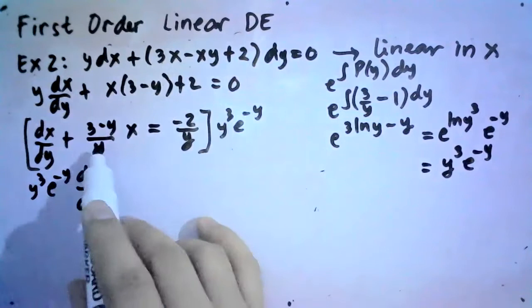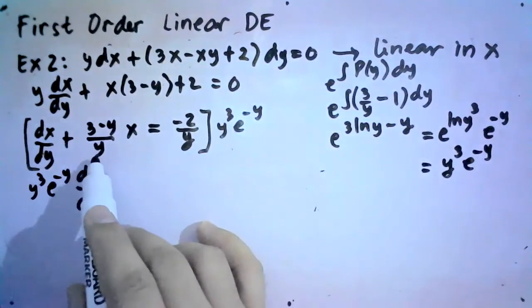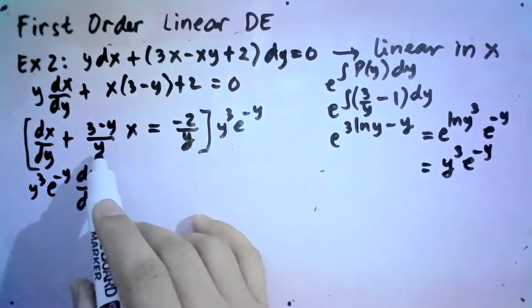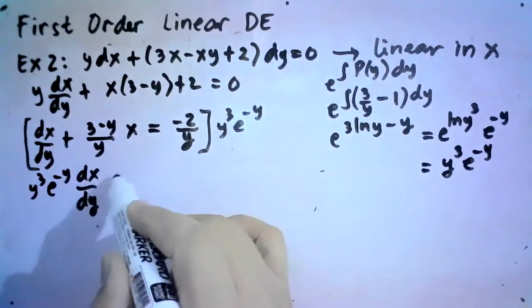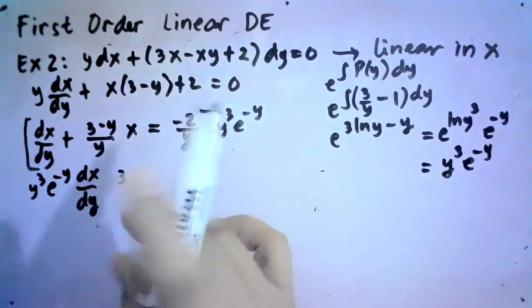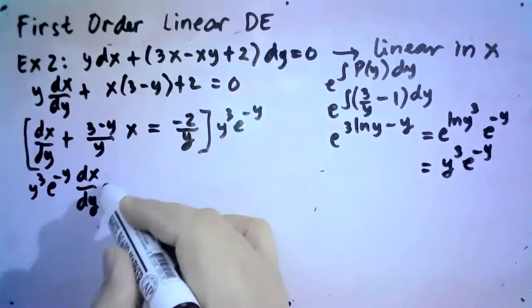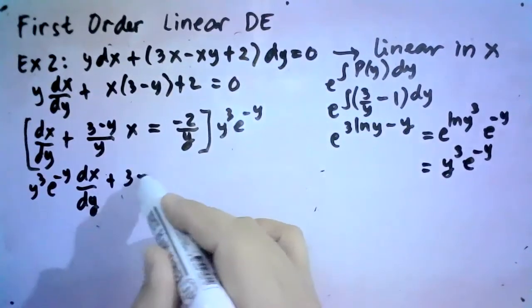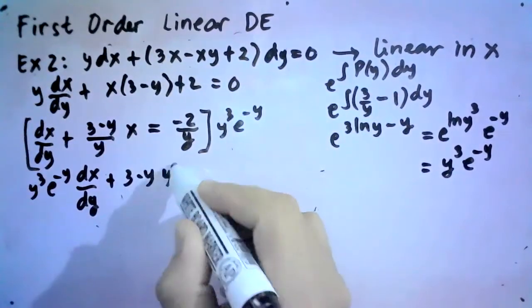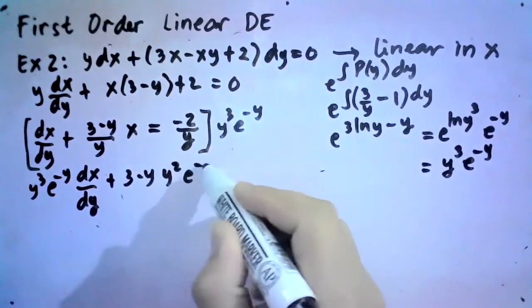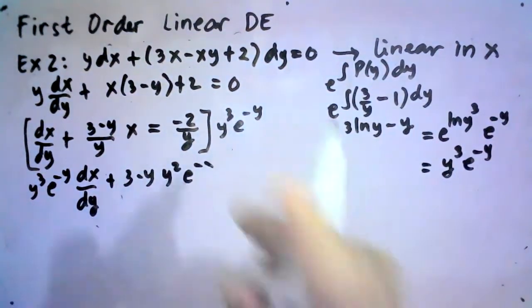We will cancel y cubed and then y. So we have 3 plus (3 minus y) times y squared e negative y.